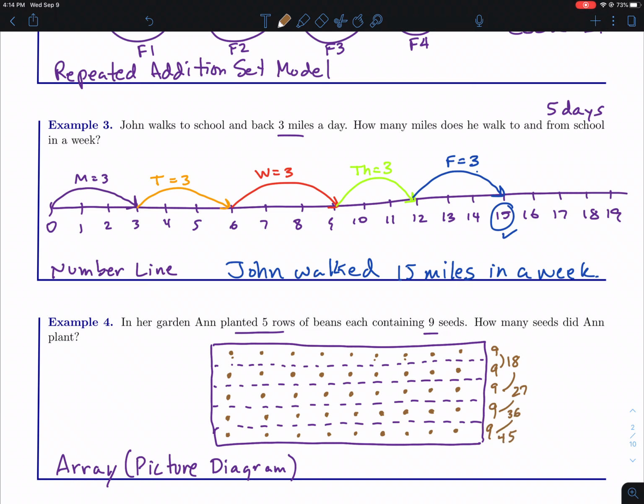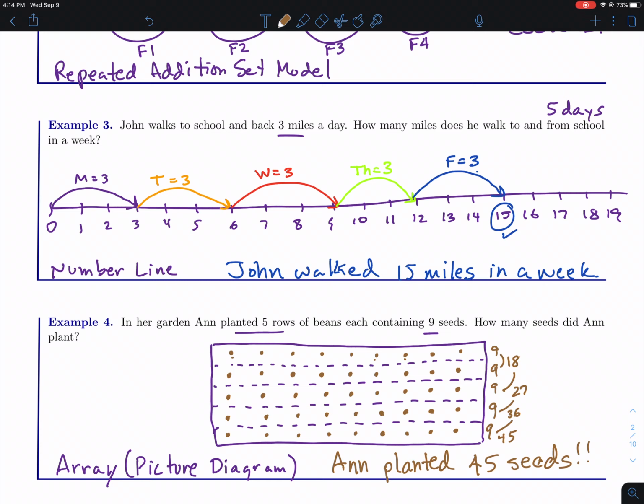Or again, you could physically go through and count all 45 seeds that we planted. So in this case, it looks like Anne planted 45 seeds.